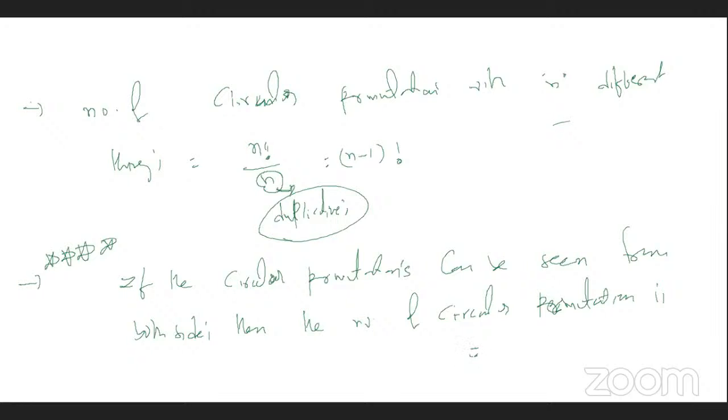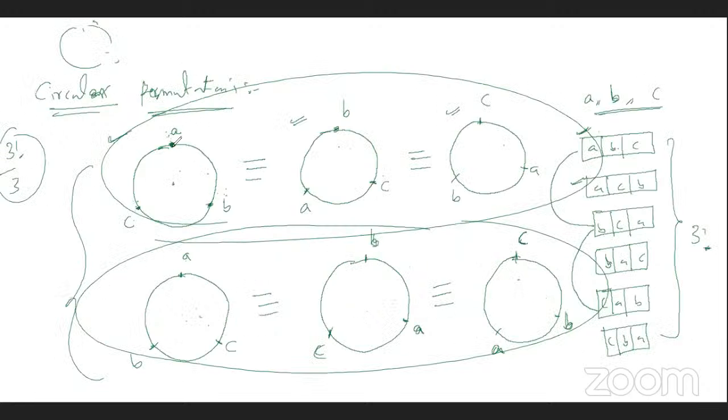Can you tell? What does both sides mean? Suppose this arrangement, I'm seeing it from the front side, it looks like ABC. Is it right? Yes, sir. If we have a chance of observing this circle from another side, that is backward, it looks like ACB. Then this and this are the same.